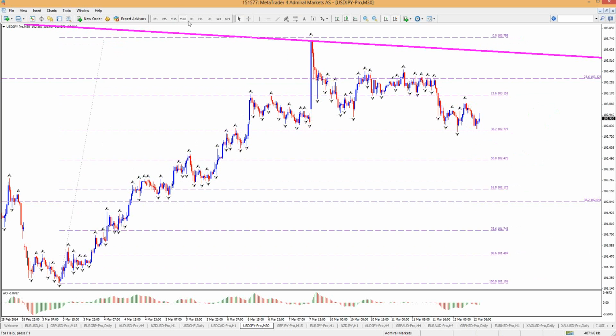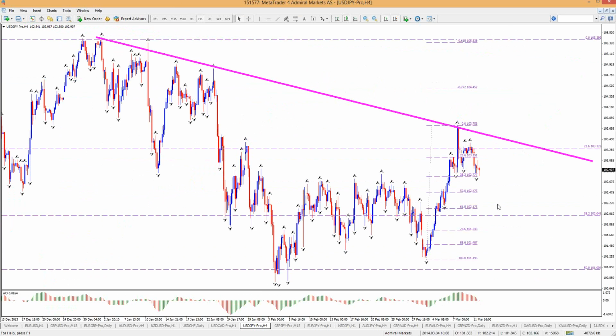Let's take a look at the 4-hour chart. Once again, if you're multitasking and you're wondering which 50 fib, that's this one here. So let's take a look at this trend line. It's connecting tops, basically. This could still be a correction, funny enough.